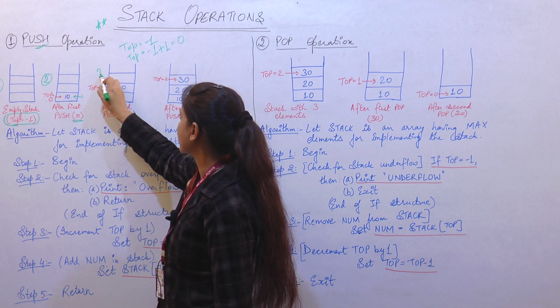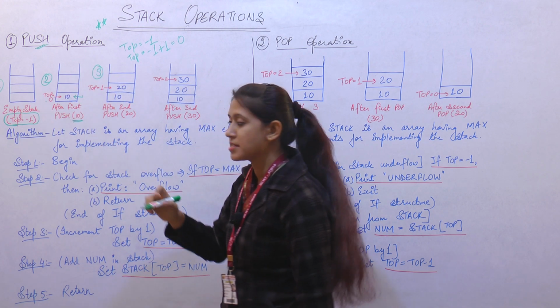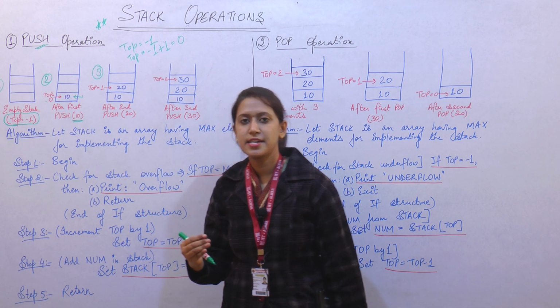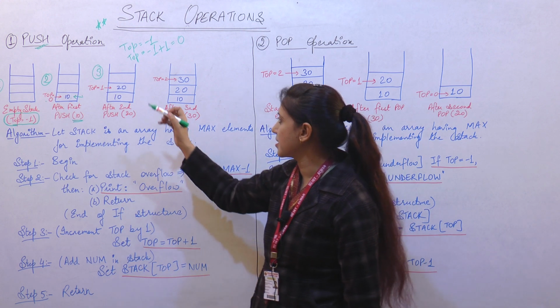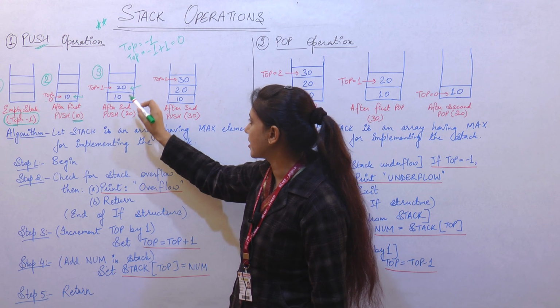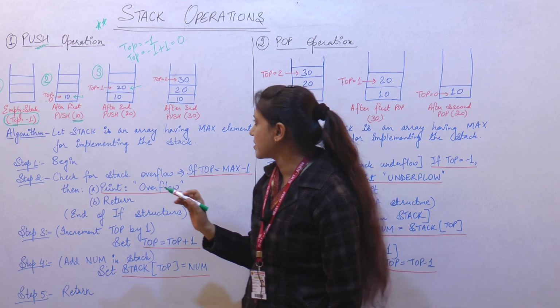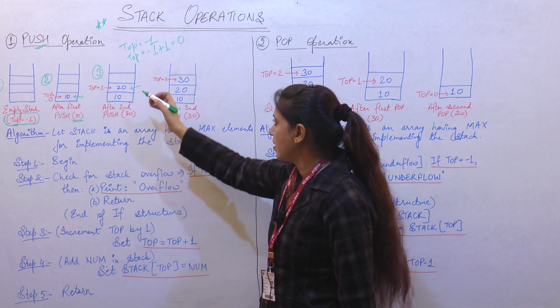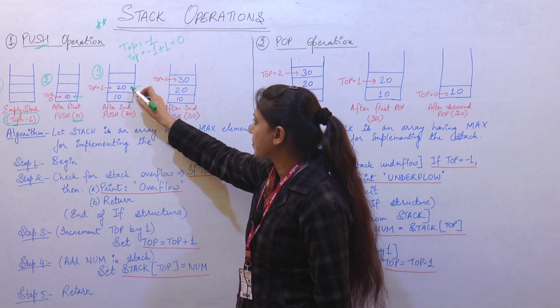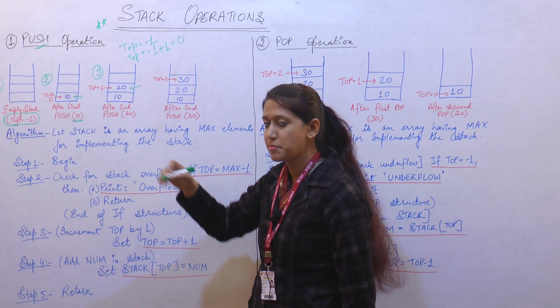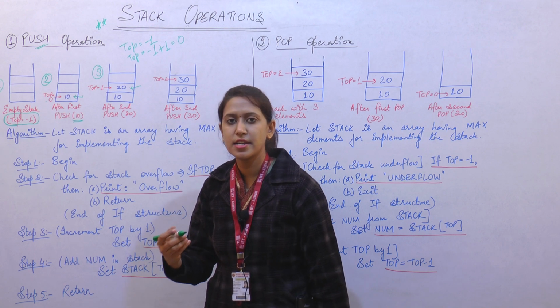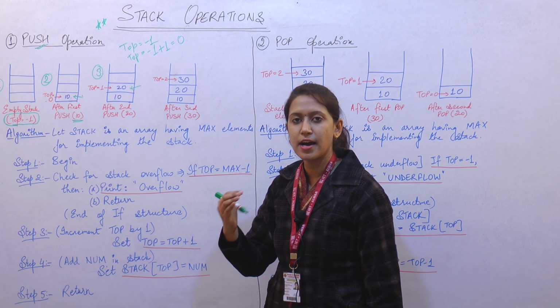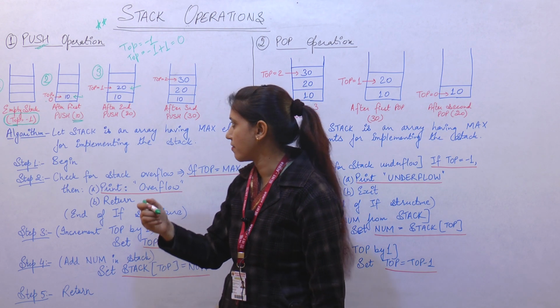Similarly, in the next step, after inserting the first data element 10, we are inserting the second data element 20 in our stack. For inserting 20, the value of top will again increment by plus 1.